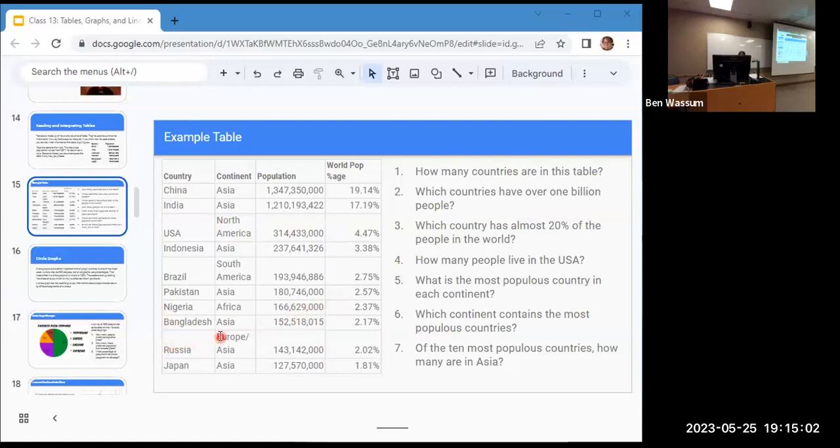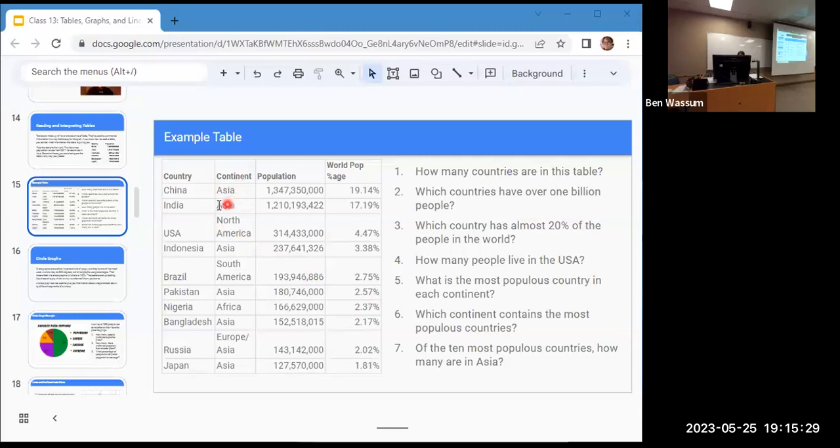And then Russia is kind of Europe, kind of Asia, right? Nothing in Europe is going to win any population badges. It's not the biggest. So in this case, it would be 143 million. Which continent contains the most populous countries?